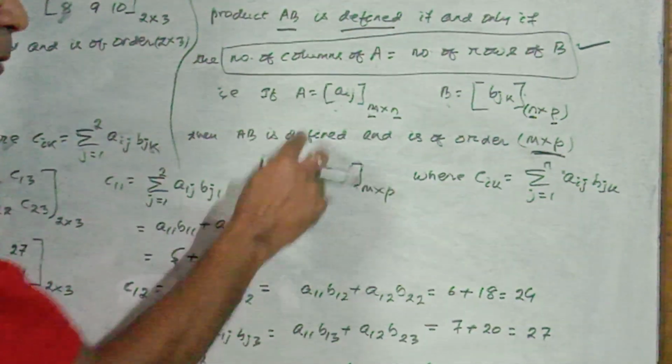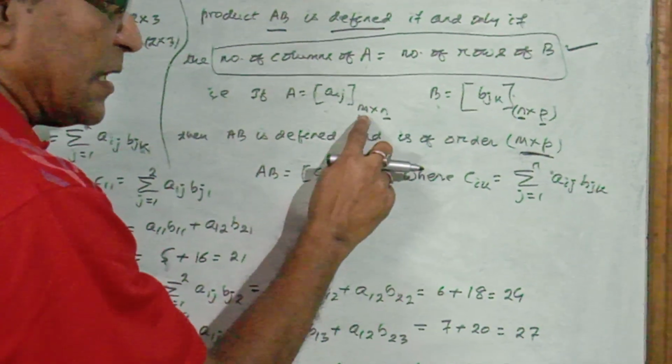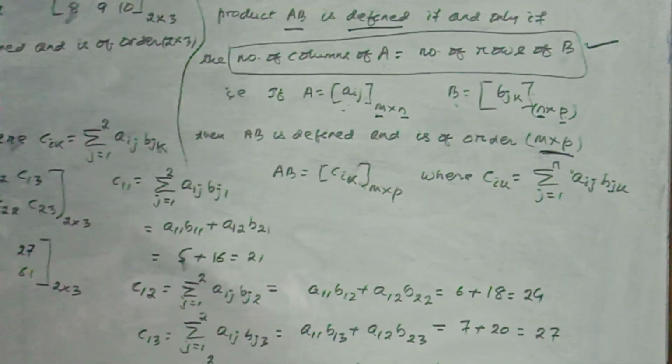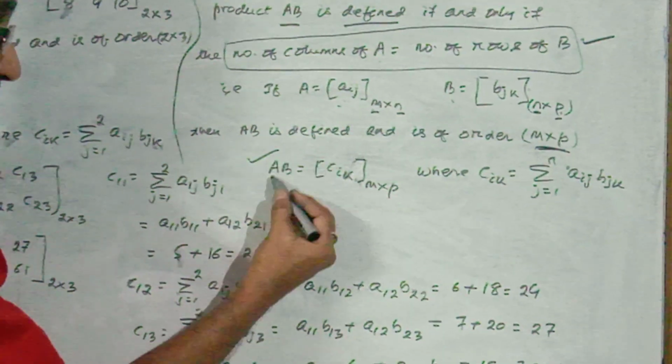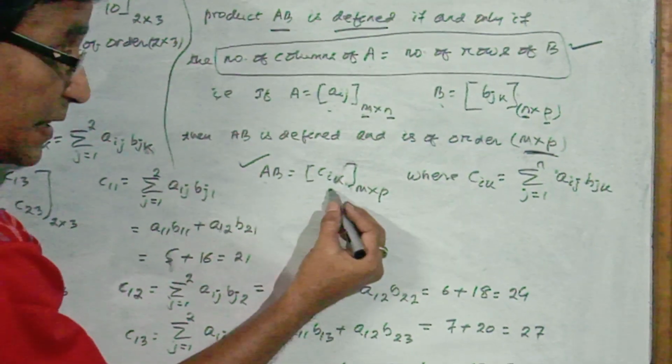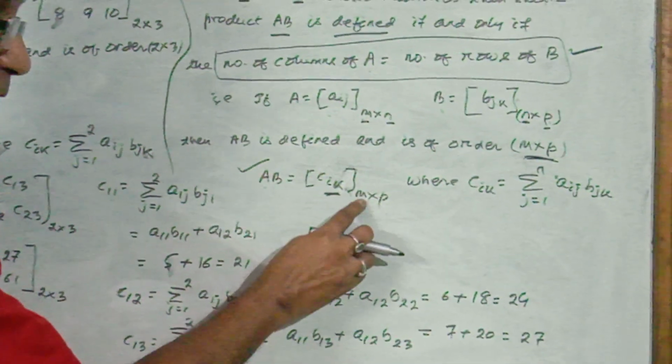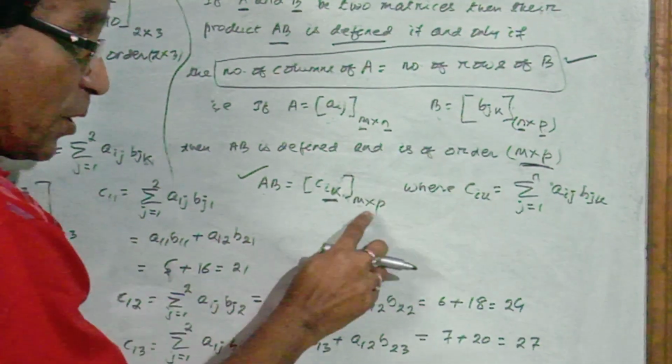And what is the order of AB? The order of AB is m cross p. Now, if the product AB is equal to the matrix Cik, of which order is it? It is of the order m cross p.